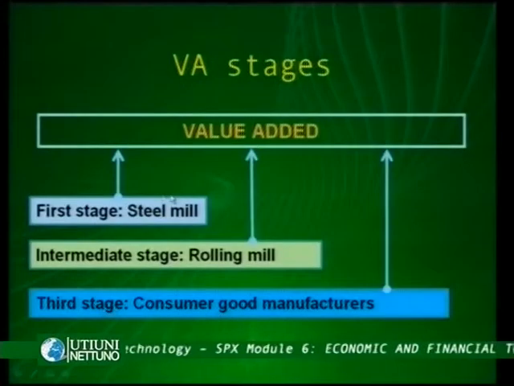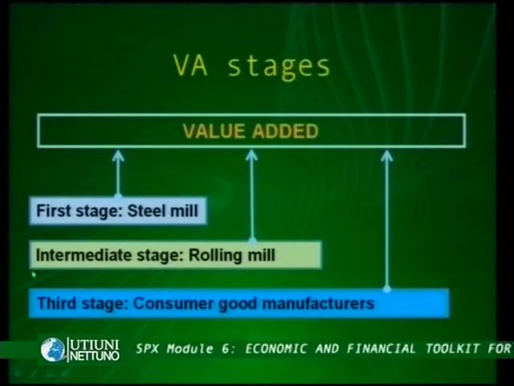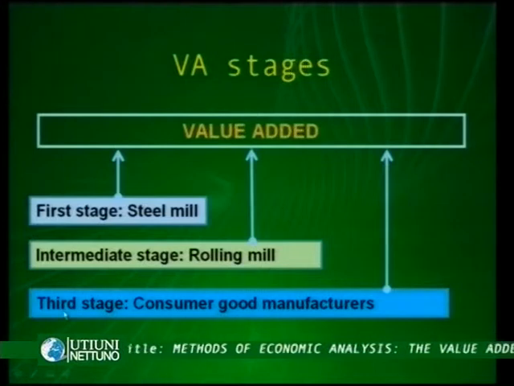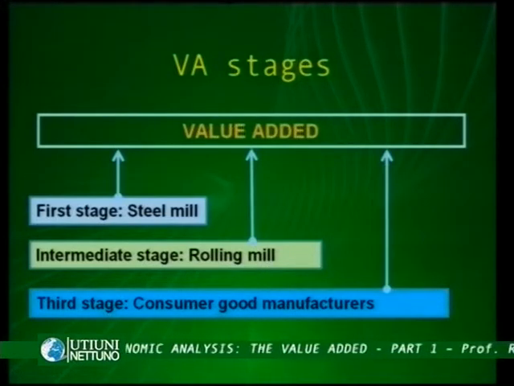So ingots are the output of the first stage, but are the inputs of the intermediate stage. And at the intermediate stage, the output is represented by the sheets of steel. Then the sheets of steel are used as an input at the third stage of production to realize finally consumer goods. So at the third stage of production, you have the consumer good manufacturers.